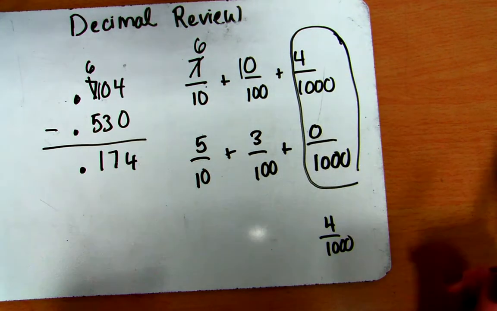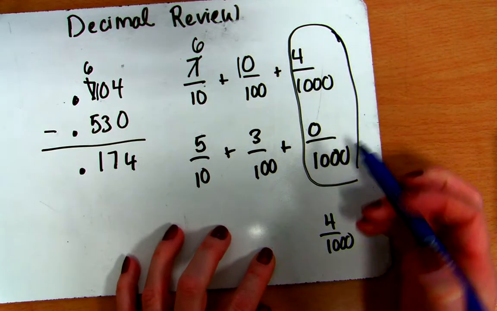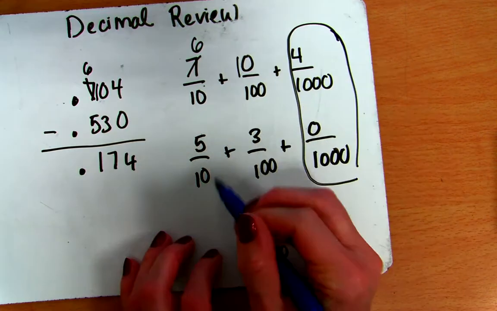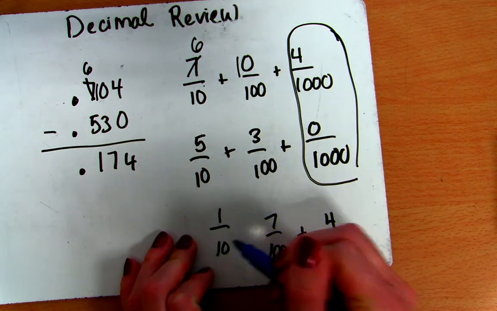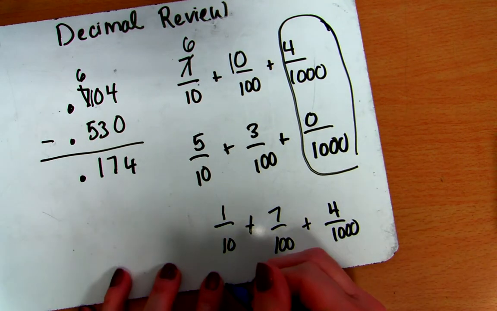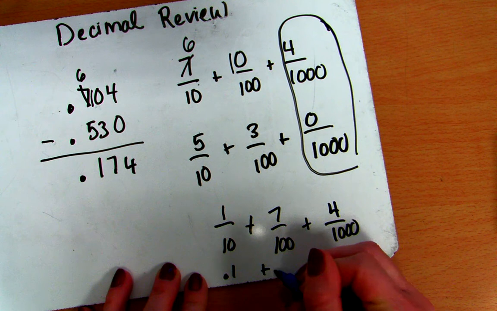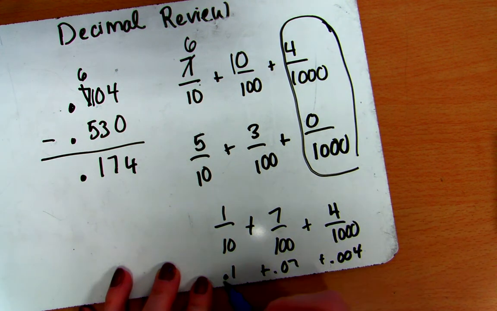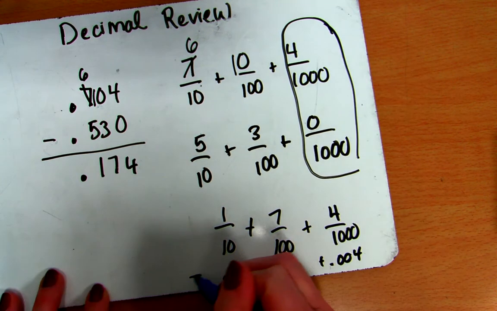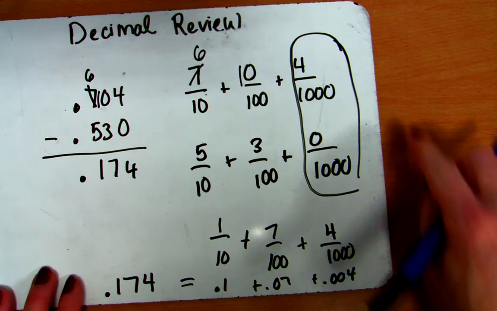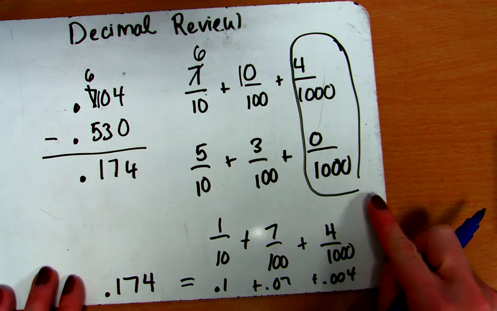So I'm putting it over here. 10 minus 3 would be 7/100. 6 minus 5 would be 1/10. Right? So I get 1/10 plus 7/100 plus 4/1000, or 0.1 plus 0.07 plus 0.004, and I get 0.174.